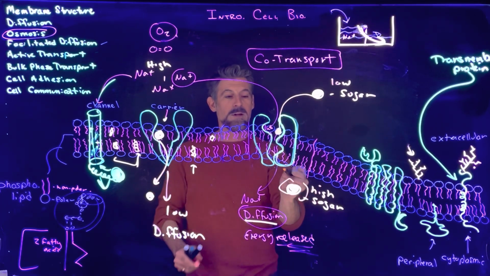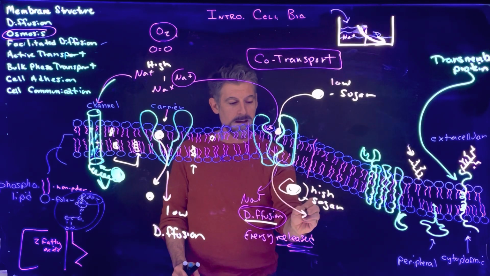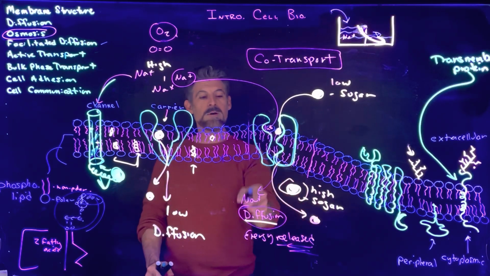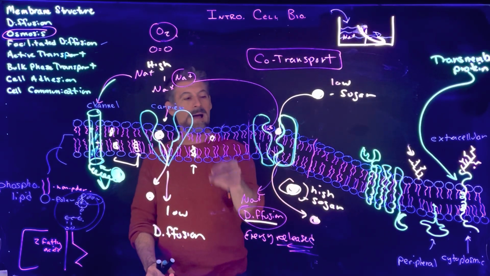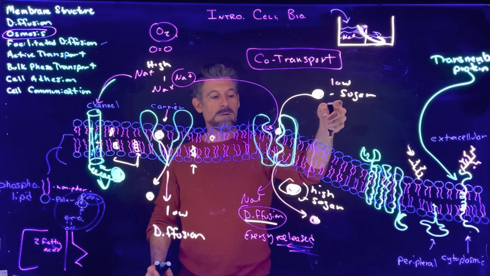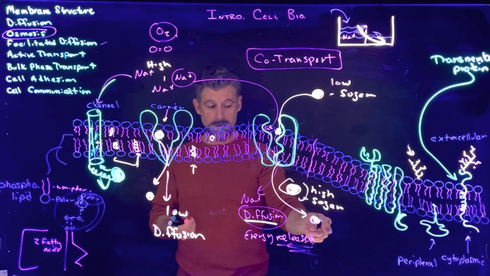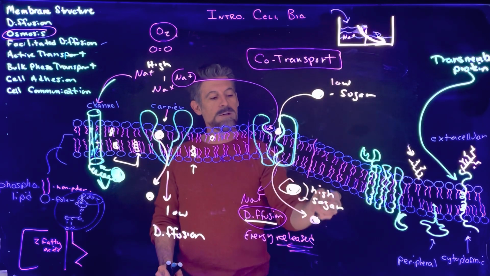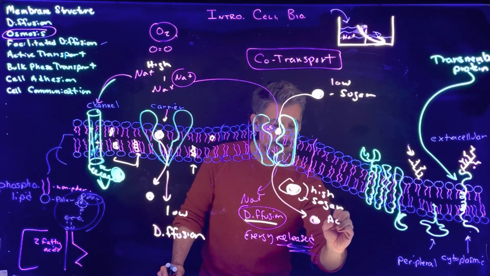And now the protein changes shape, and as the sodium moves into the cell from high to low, the sugar moves into the cell also, but it's moving from low to high. So technically, this was active transport.